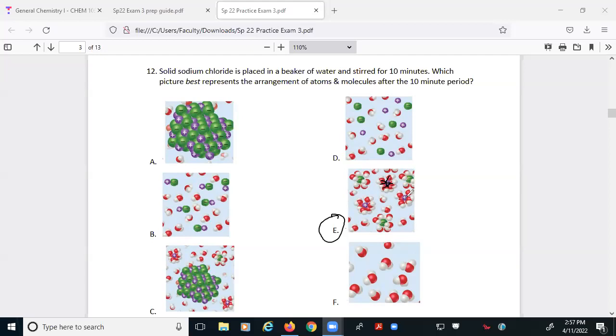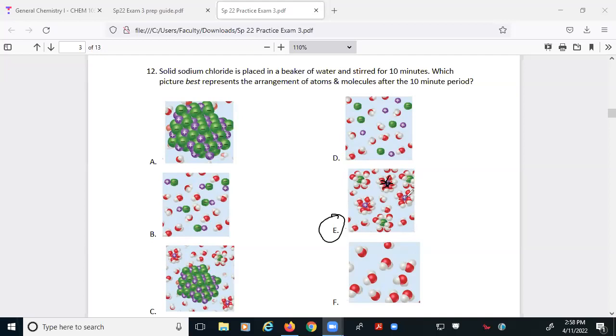So not only are we getting separation of the ions from the large crystal, those water molecules are actively interacting with the ions as they break off and stabilizing them. There's a high level of attraction existing between the water molecules and the ions themselves.